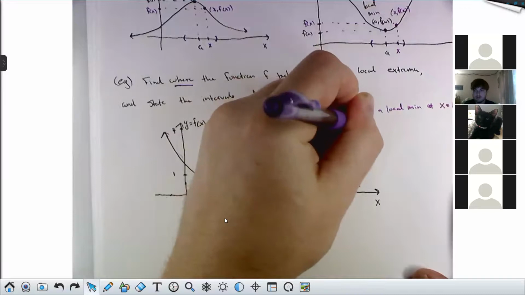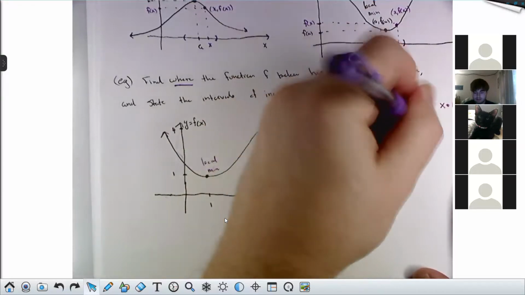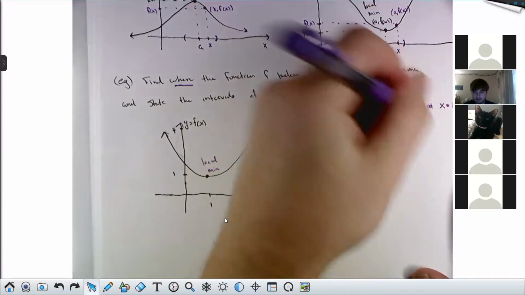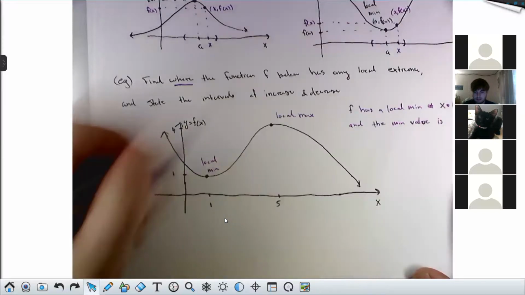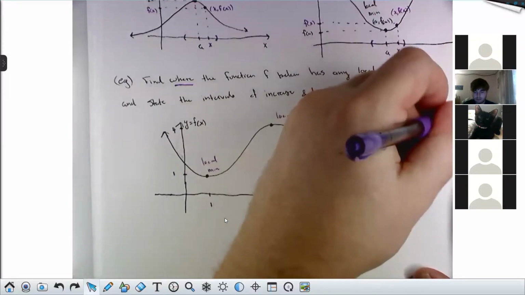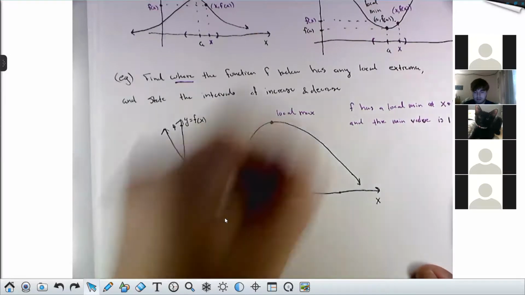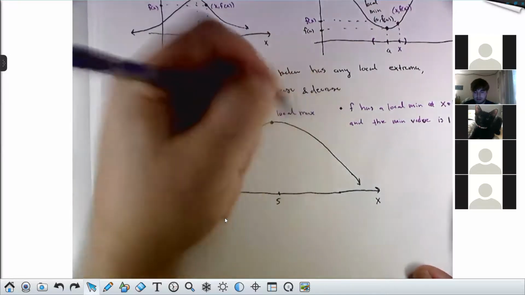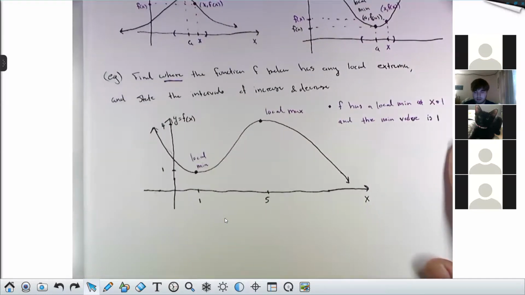And the min value, so if I ask you what is the min or what's the min value, that's the y value, which is 1. So here's the first part of our answer. f has a local min at x equals 1.